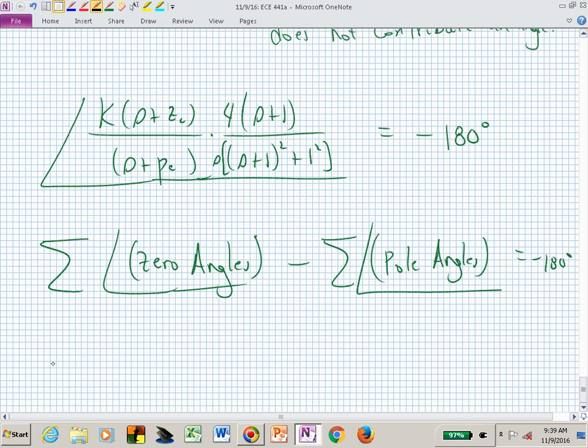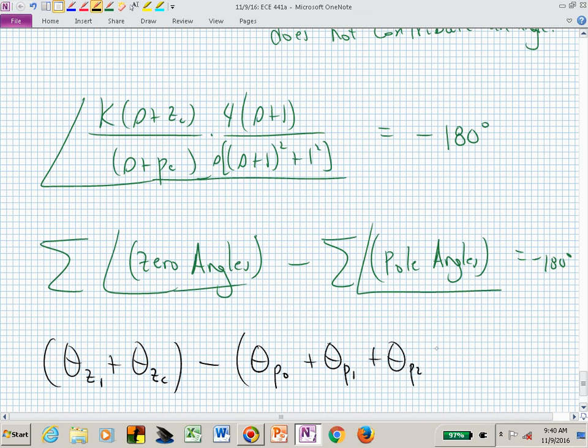But we do have theta of z sub 1. We also have the angle of our controller, which we called theta z sub c, and we're subtracting from that the angle due to the pole at the origin, the angle of the upper complex pole factor, the angle of the lower pole factor, and the angle of our compensator. And all of those we need to sum to minus 180.